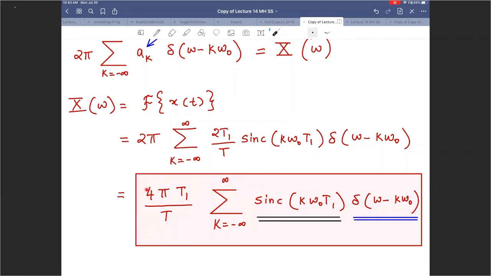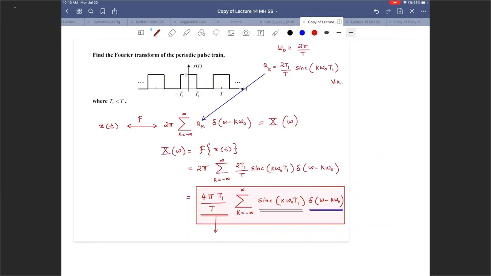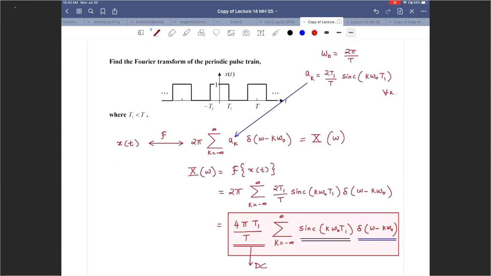And additionally, you have this 4 pi t1 divided by T value, which is what? Let me underline that in red here. That is essentially the DC value, k equals 0. How do I know that? Because when k equals 0, sinc 0 becomes a 1.